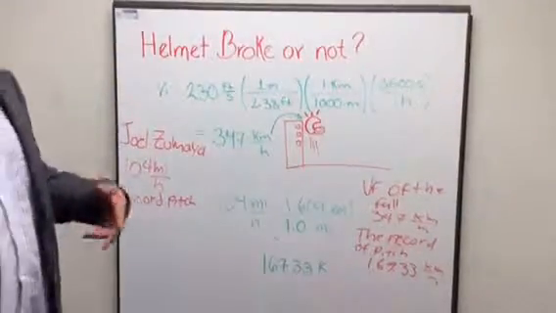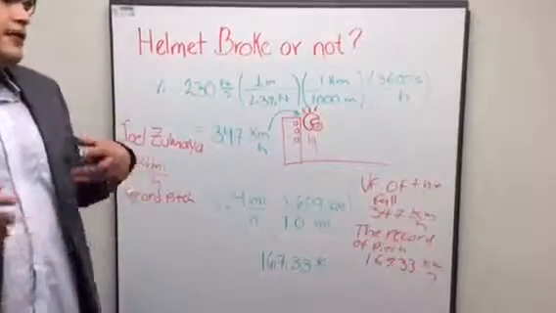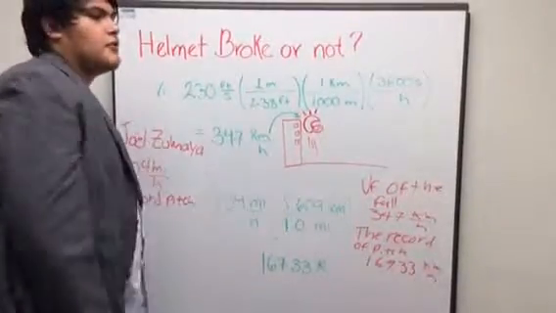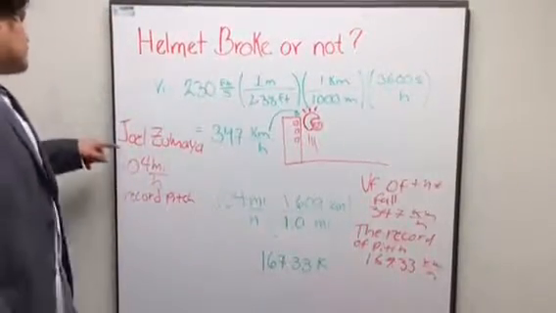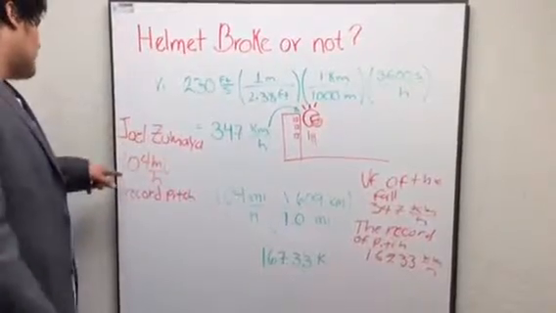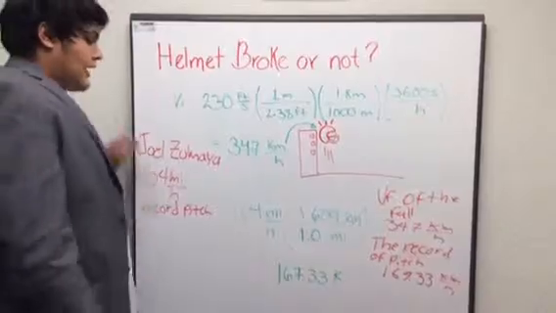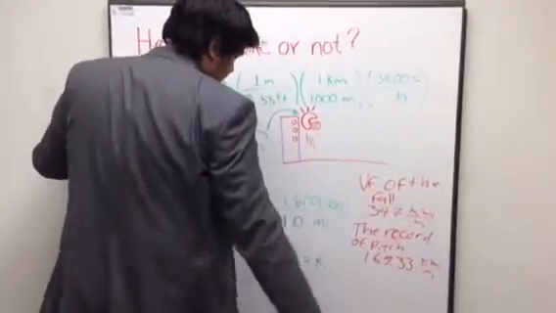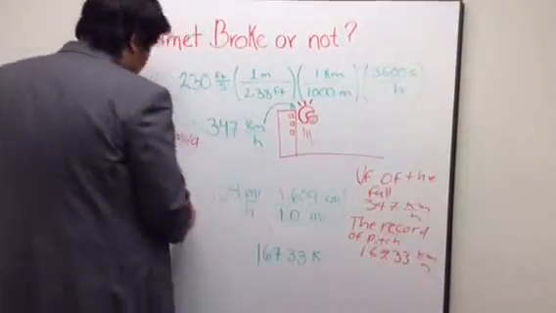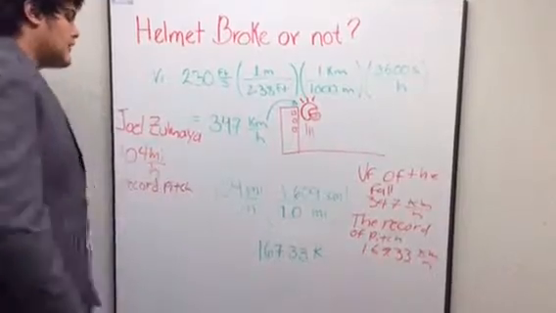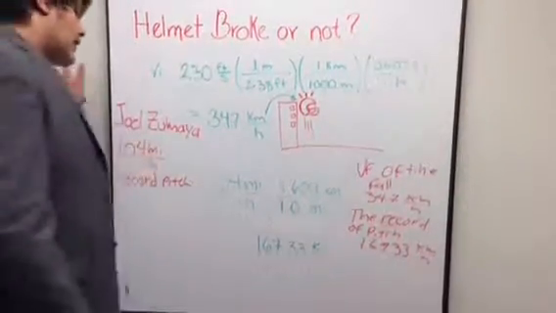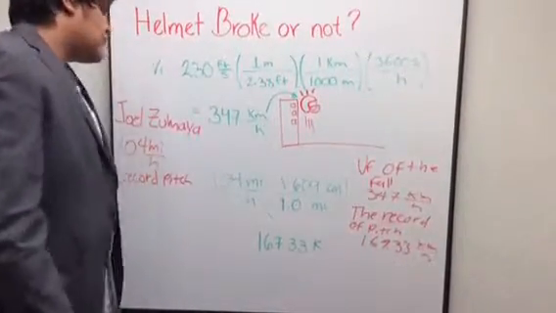We know that the record of pitch, like throwing the ball, is held by Joel Zumaya with 104 miles per hour. Then if we convert this, we get that the record of Joel Zumaya in kilometers per hour is 167.33.